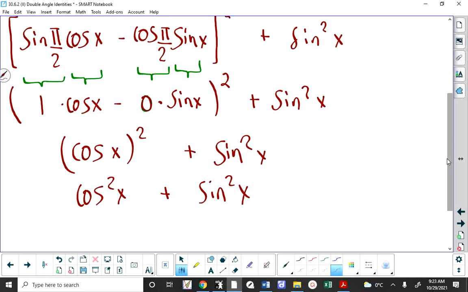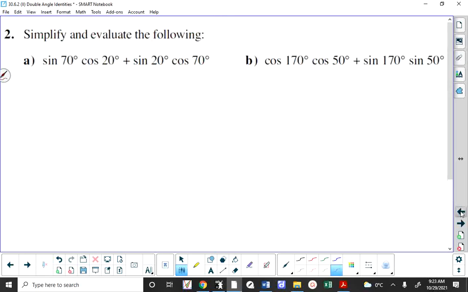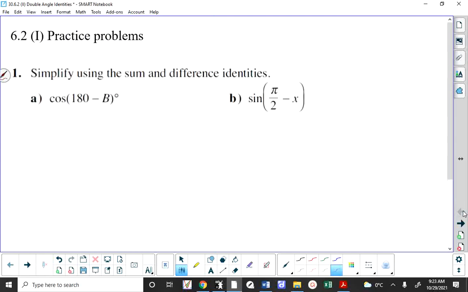Yeah. 1b. Okay. So we want to figure out what sine of pi over 2 minus x is. Do you see what's going to happen here?